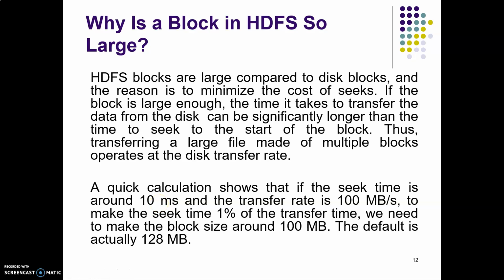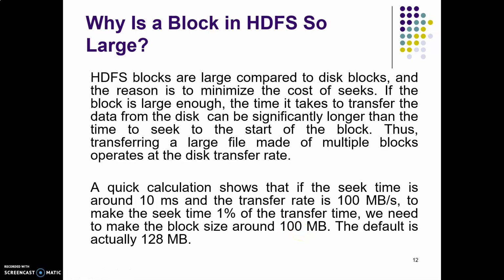The seek time is nothing but the movement from one particular block to another block. So when we have a speed of 100 megabytes per second, the seek time will be 1% of the transfer time. So we need to make the block size around 100 MB.